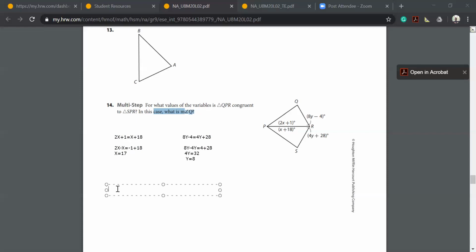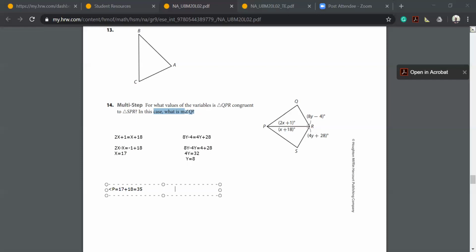So measure angle P equals x plus 18, which is 17 plus 18. The answer will be 35. So the answer is 35. I found measure angle P.